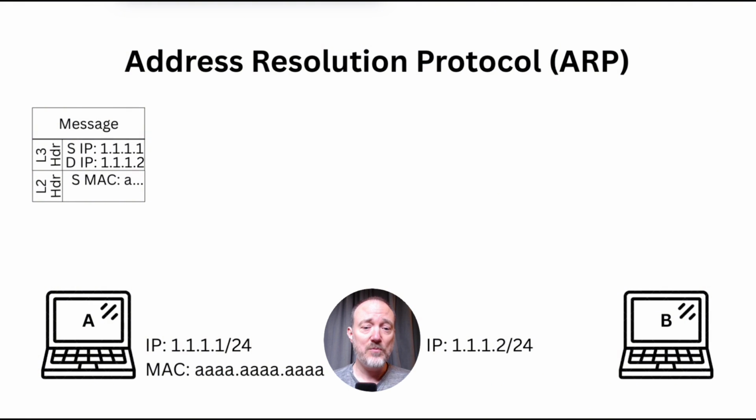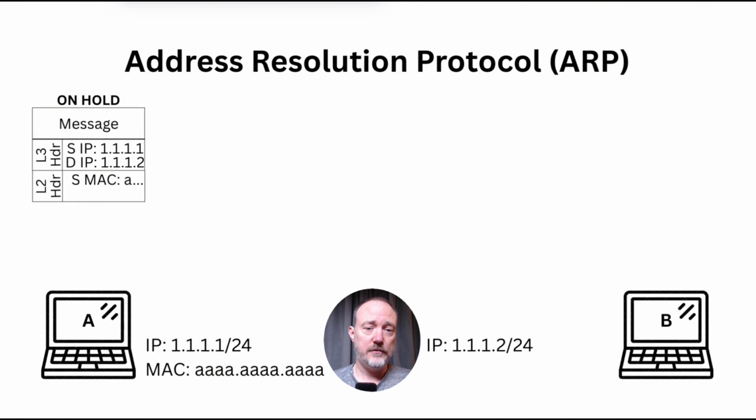So PCA needs to try to get whatever device has the IP address of 1.1.1.2 to send it a message, so that PCA can look at what the source addresses are to figure out how to send traffic back to it.